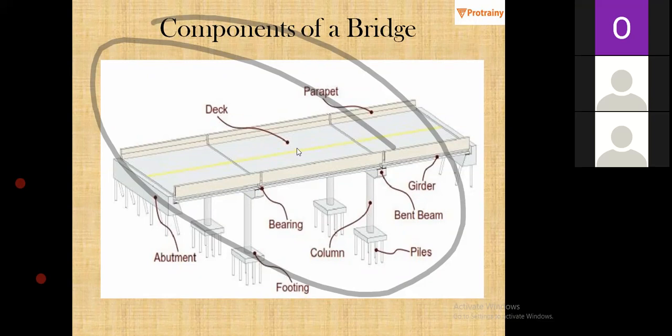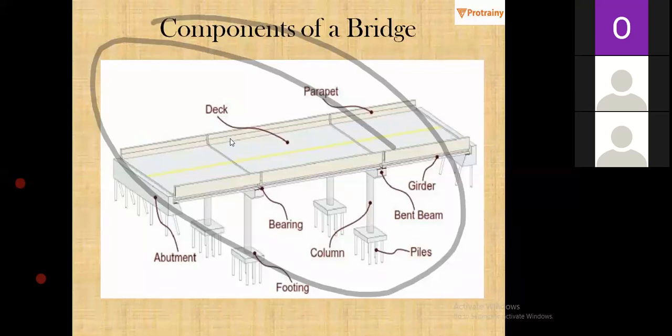You have these parapets for safety, but it's not compulsory, though you can find these parapets when it comes to flyovers or overbridges. So this is the deck and parapet.